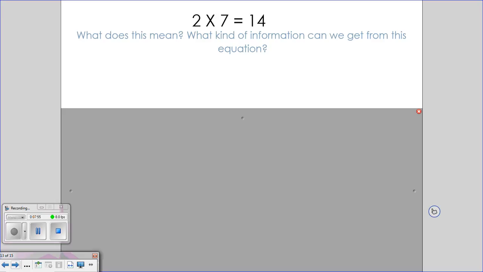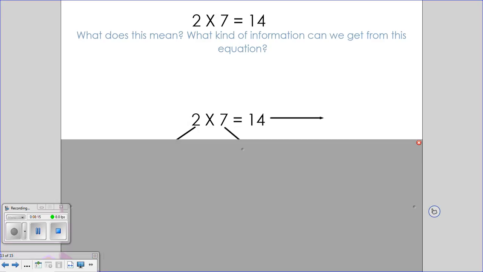Mitchell, what are we doing? 2 groups of 7. Beautiful. So we know that times, that X symbol, means groups of. So we have how many groups? 2. And how many in each group? 7. I want you to write this down in your notebook.